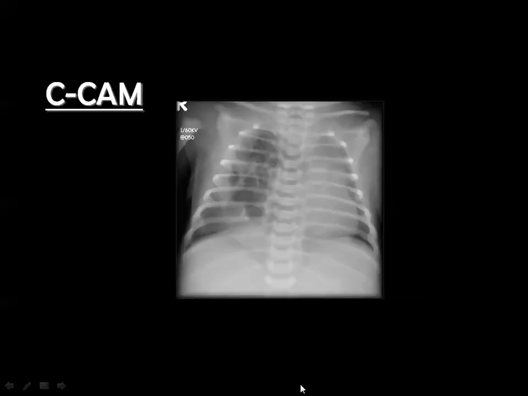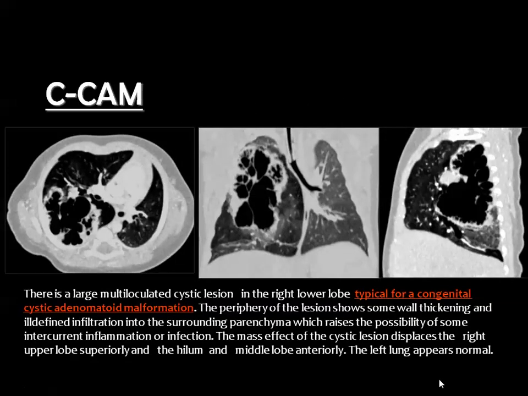Then you see here a lesion which is formed of multiple cystic air-filled spaces within the right hemithorax. Then you are suspecting the possibility of congenital cystic adenomatoid malformation of the lung.